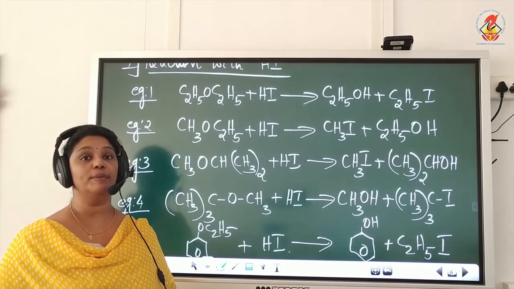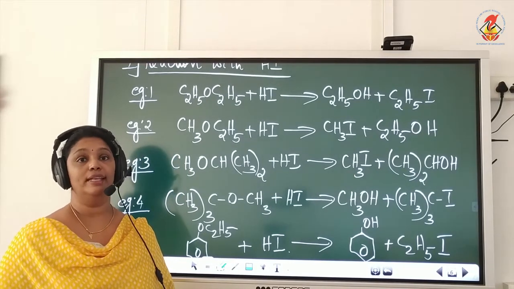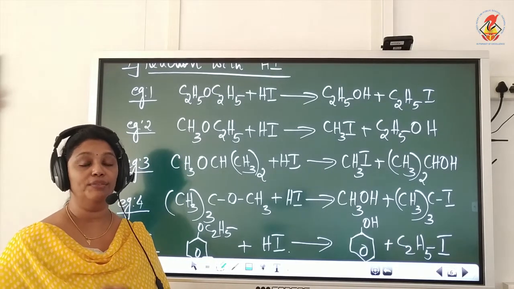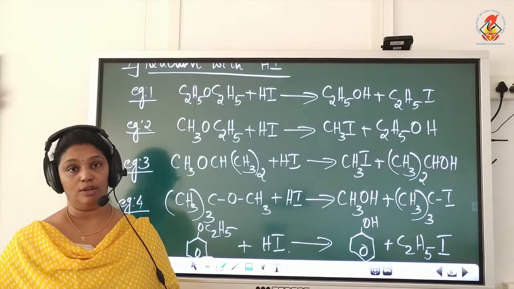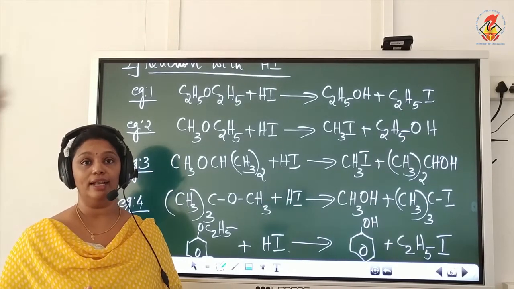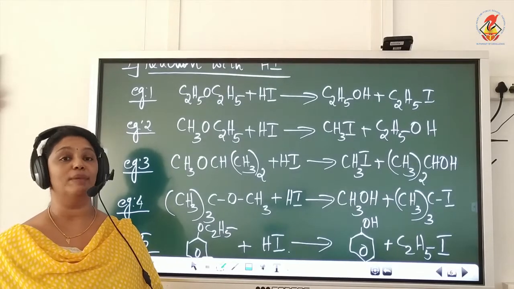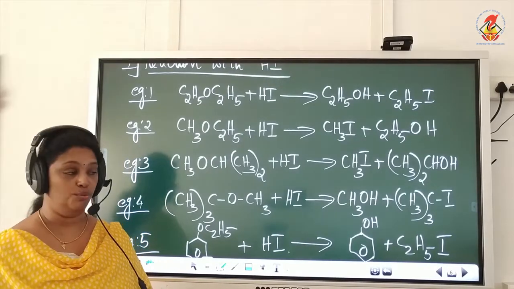If the alkyl group is a tertiary alkyl group, then the tertiary alkyl group will go as alkyl halide and the lower alkyl group will go as alcohol. Because if it's a tertiary alkyl group, the mechanism is SN1, and if it's primary or secondary, the mechanism is SN2.